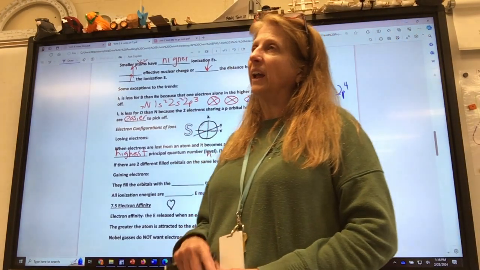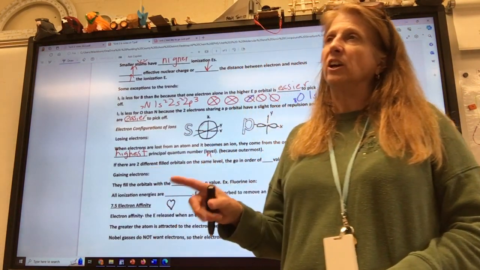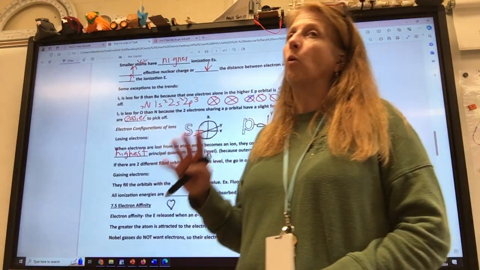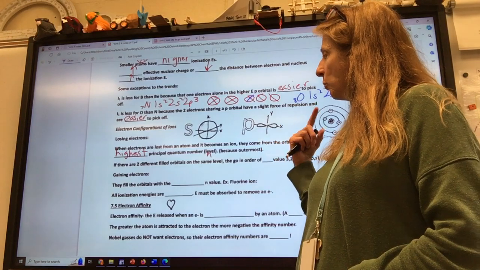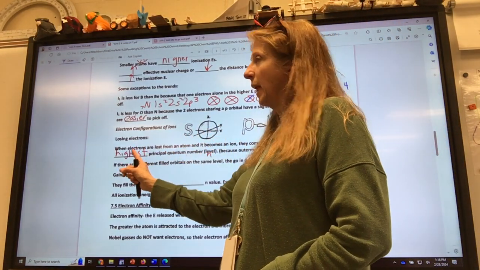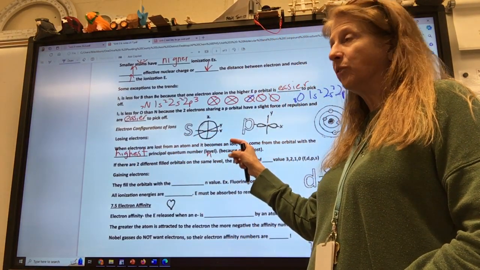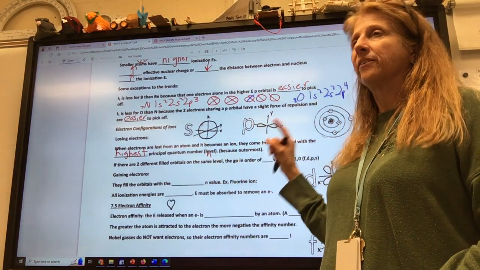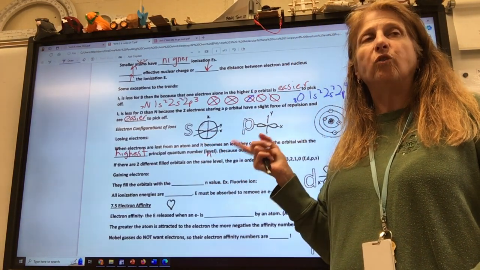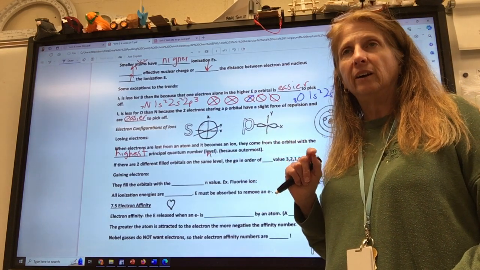When it becomes an ion, it doesn't just lose electrons in the order they're filled in. Instead, it loses from the highest level. So for that one, it would lose one from 4s, not 3d, because 4 is bigger than 3.